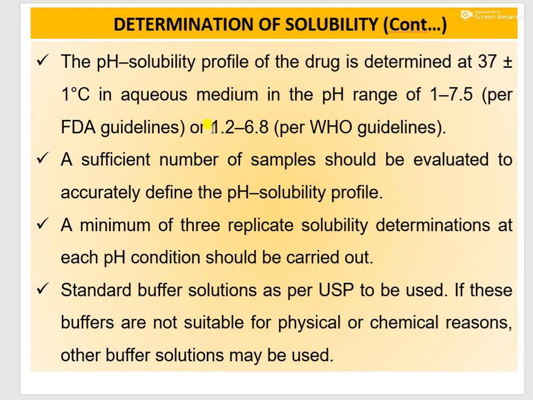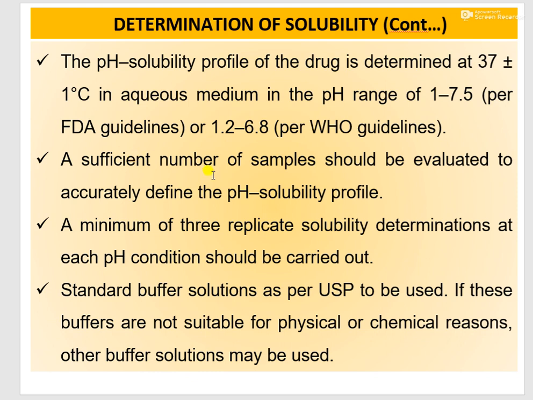So pH solubility profile means the effect of pH on solubility of drug you have to determine at 37 degree plus or minus 1 degree centigrade in aqueous medium, and the pH should be within these specified ranges as per the guideline which you are following.